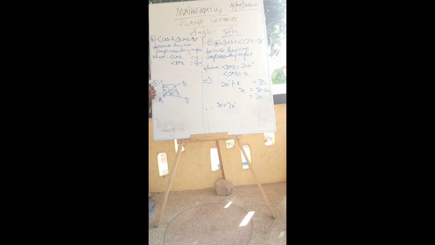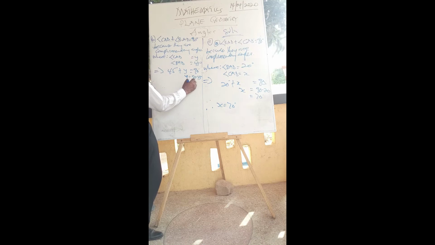So angle BAD is what? 45 degrees. And angle CAD is what? Y. So this implies 45 degrees plus Y equal to 90 degrees. So Y equal to 90 minus 45. 90 minus 45 will give you 45.